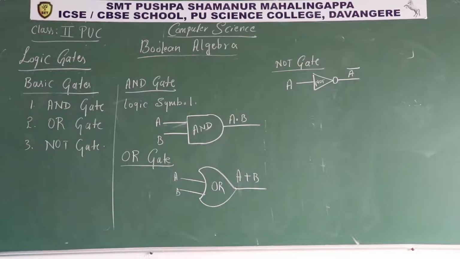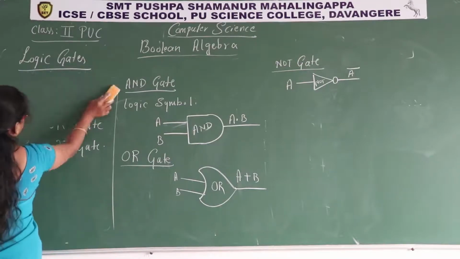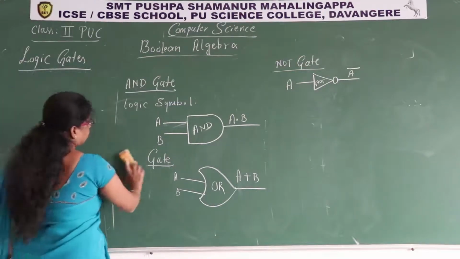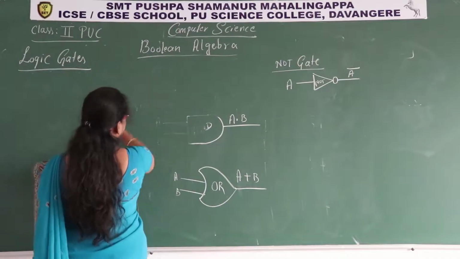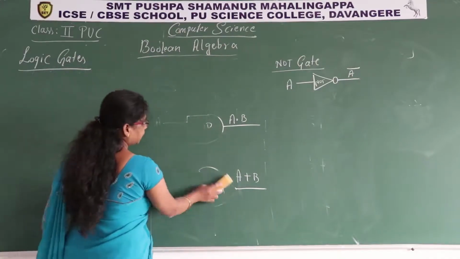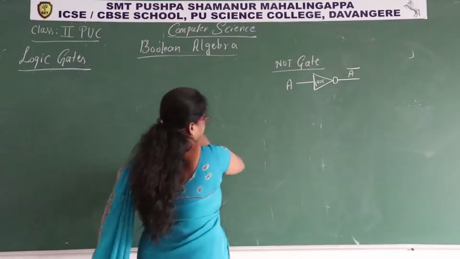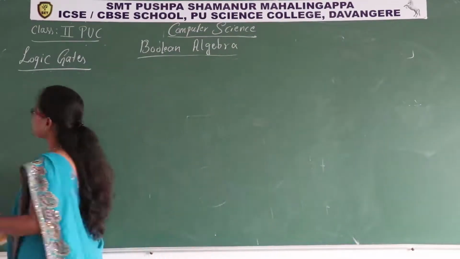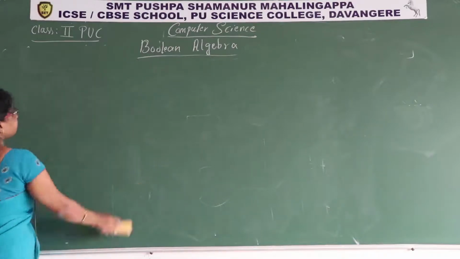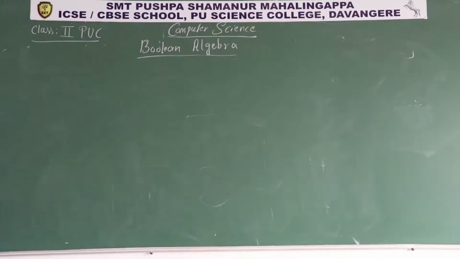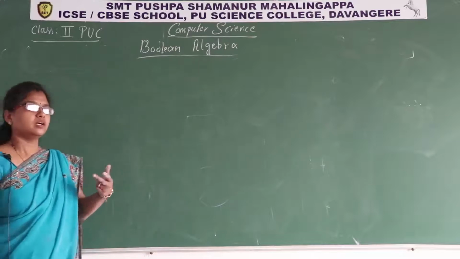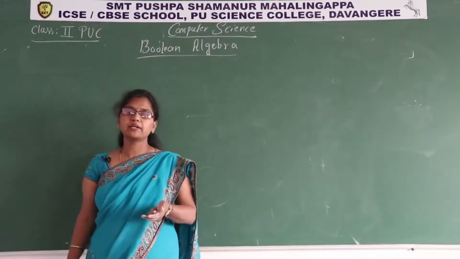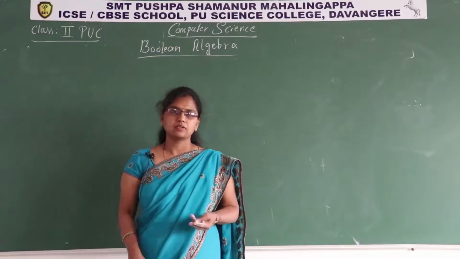Next, principle of duality. See, what are the things we are learning now? We will apply these things while solving Boolean expressions. These are all the preparations for solving or to reduce a Boolean expression either in a algebraic method or using K-map method.